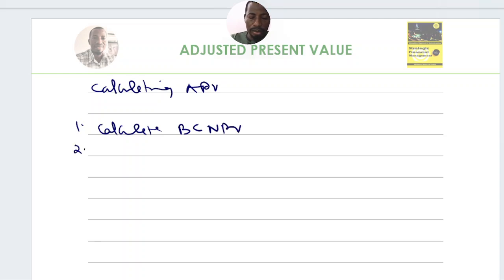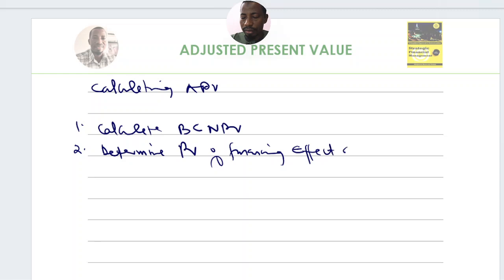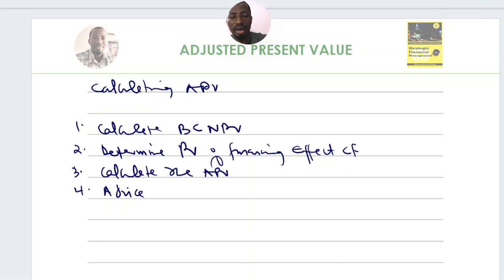Step two, determine the present value of financing effects cash flow. Step three, calculate the adjusted present value. Step four, advise on the acceptability of the project.